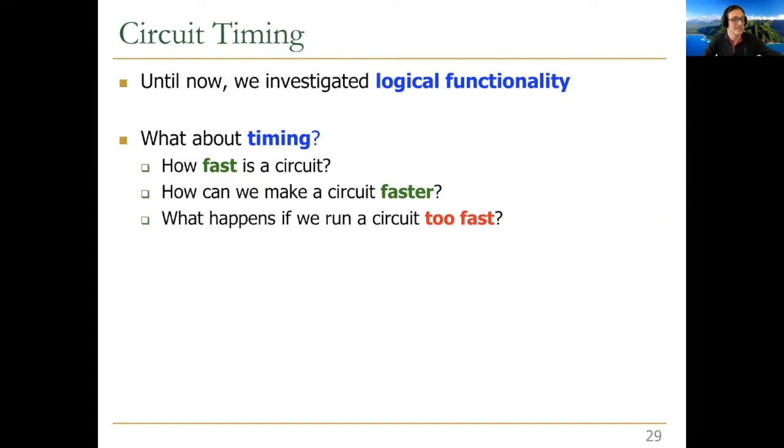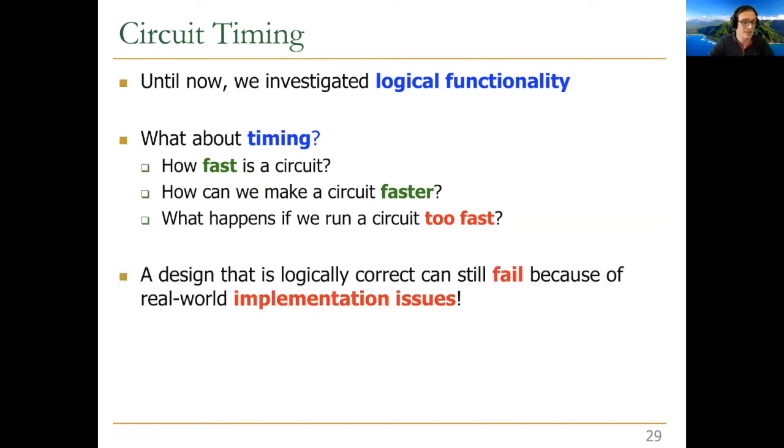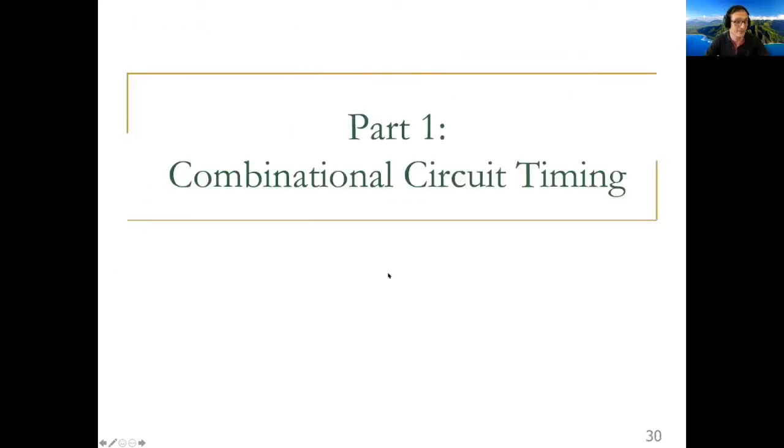That's what this means, basically. How can we make it faster, if it's possible? And what happens if we run a circuit too fast? Will we get errors, or will we run into other issues, like maybe burning down the circuit, right? So a design that is logically correct can still fail because of real-world implementation issues like this, and timing is one of them, basically.